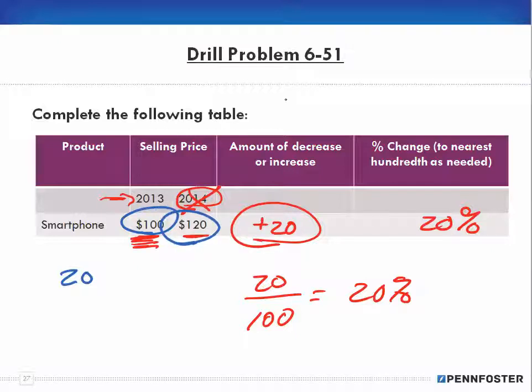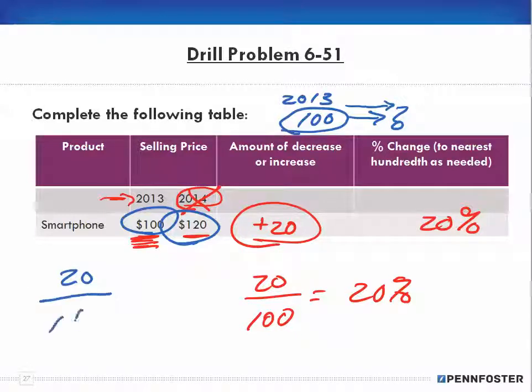Well, think of it from this perspective. Back in 2013, the price was 100. You don't know what the price is going forward, but you do know that over the course of that year, when you hit 2014, it's going to be something else. That's why we're using the 100.